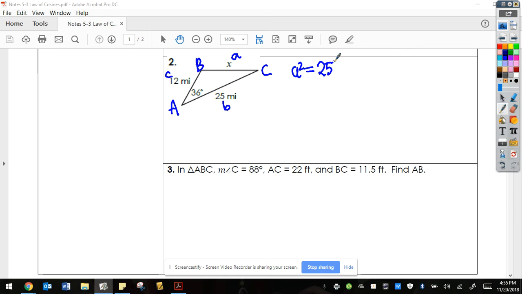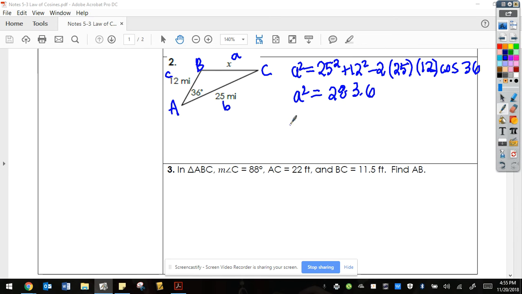So we have 25 squared plus 12 squared minus 2 times b, which is 25, times c, which is 12, cosine of capital A, which is 36. So then we just type all of this in the calculator, and that should give us 283.6. So then you're left with a equals 16.8 miles.